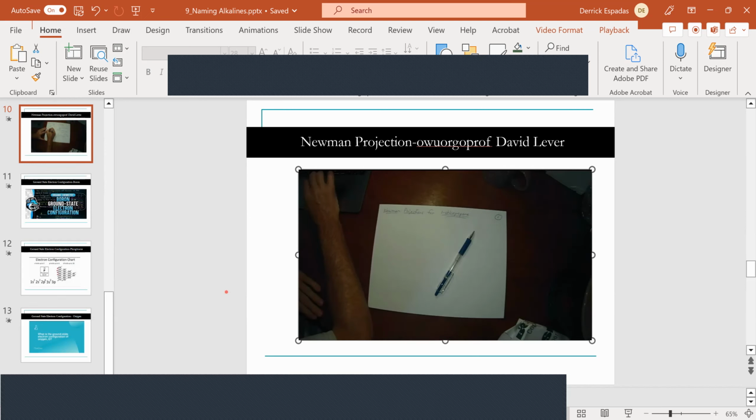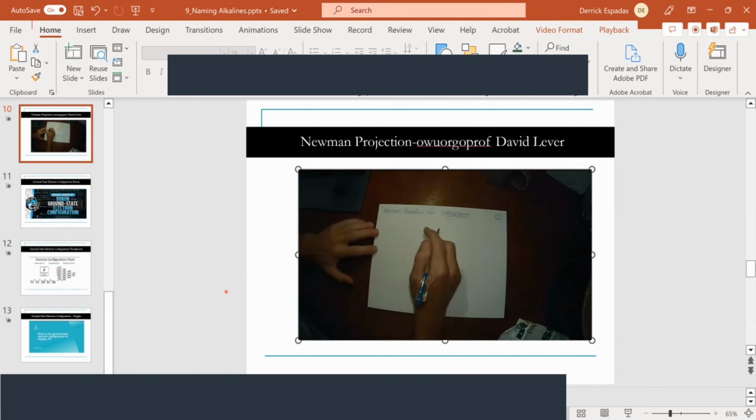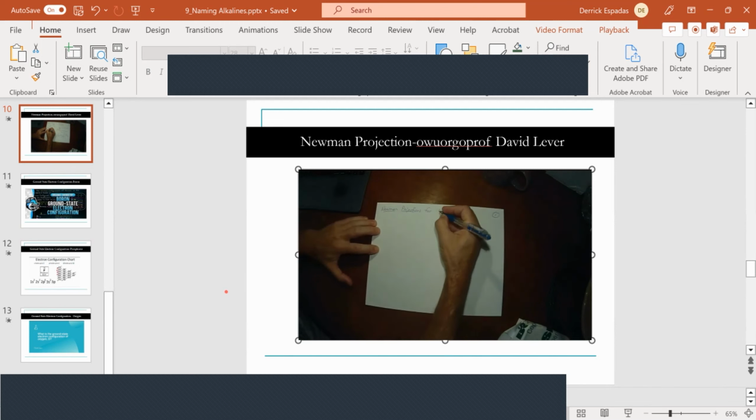You should be able to see my screen, and I'm going to work on the Newman projections for 1-chloropropane. I'm going to approach this a slightly different way than you may have. The first thing I always recommend is writing the molecule to make sure you have the right structure. 1-chloropropane will have a Cl, a CH2, a CH2, and a CH3.